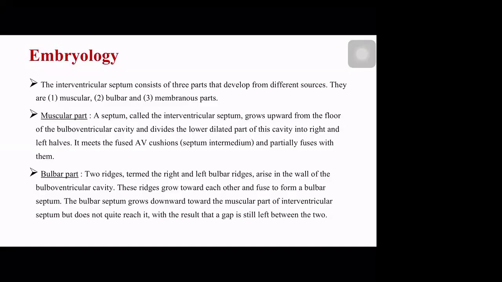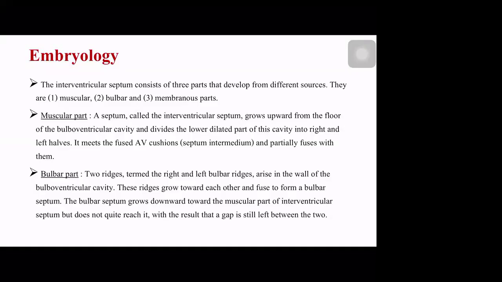So what about the muscular part? When there is nothing within the two ventricular cavities, it is known as the bulboventricular cavity. It's a single large cavity. A septum called the interventricular septum grows upward from the floor of that bulboventricular cavity, and it eventually divides the lower dilated part of this cavity into right and left halves.